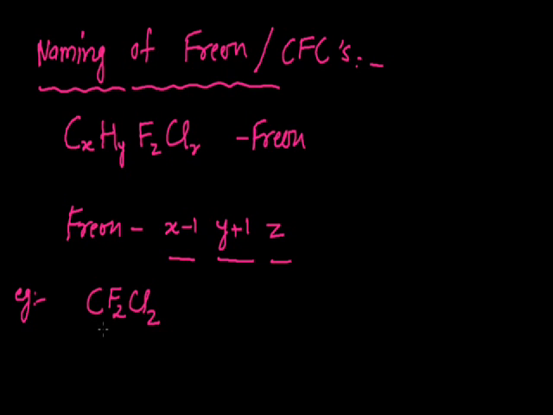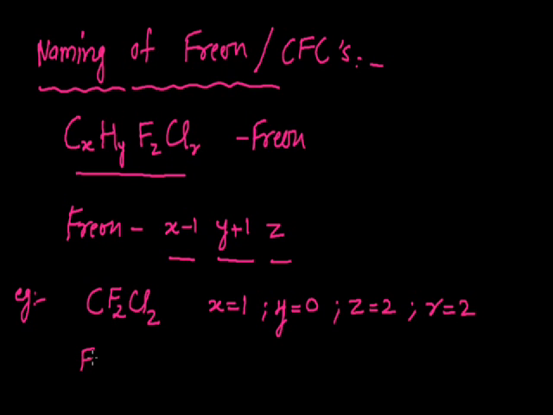Now we can take an example, CF2Cl2. Now we can compare it with this formula. Here the number of carbon atoms, that is x, is equal to 1, and the number of hydrogen atoms is 0, so y is equal to 0, and the number of fluorine atoms is equal to 2, so z is equal to 2, and the number of chlorine atoms is 2, so r is equal to 2.